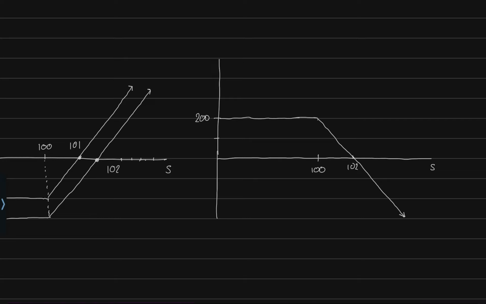And in the same way, if my premium was $1, I would see profits as the seller of this contract until my stock price hits $101, until I see diminishing returns.